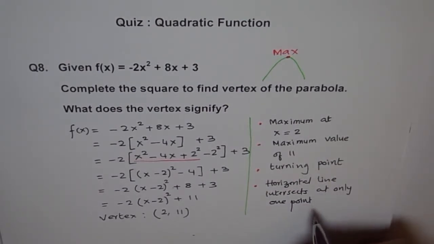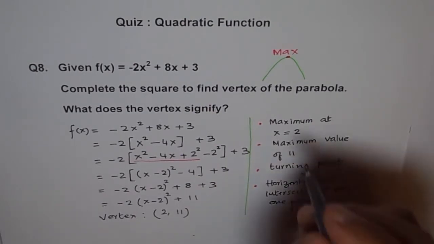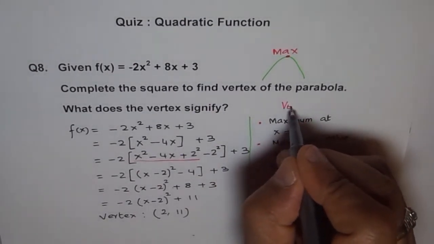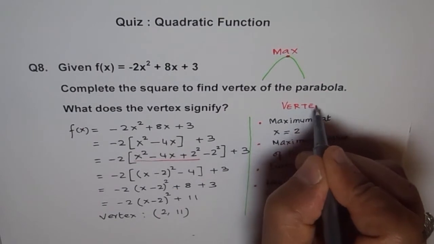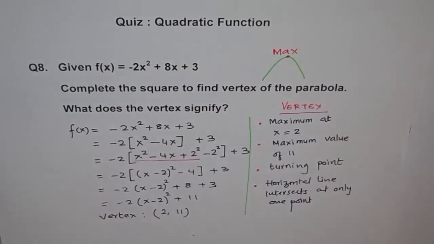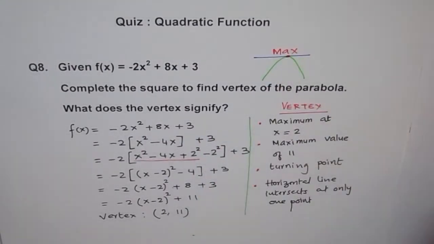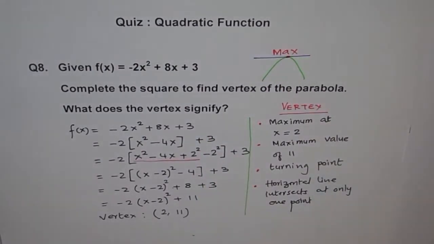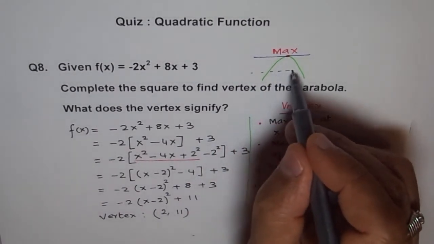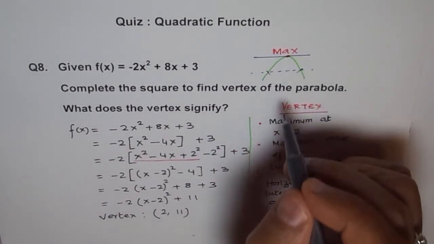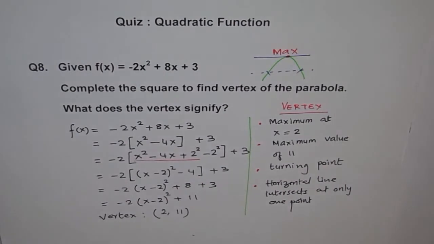Do you understand? This is all about the vertex we're talking about. So what I mean, if I draw a horizontal line here, do you see it? It only touches the graph at one point. If I draw any other horizontal line, it will cut the graph at more than one point, exactly 2 points, right?